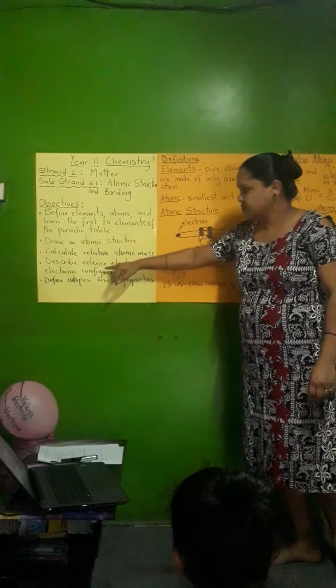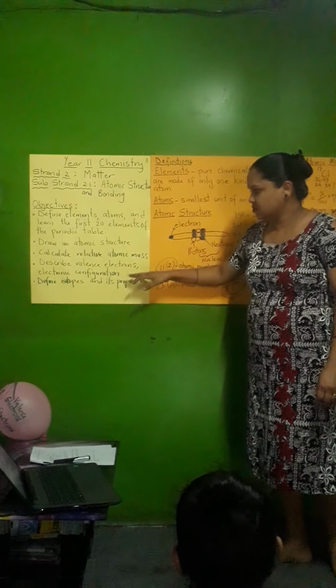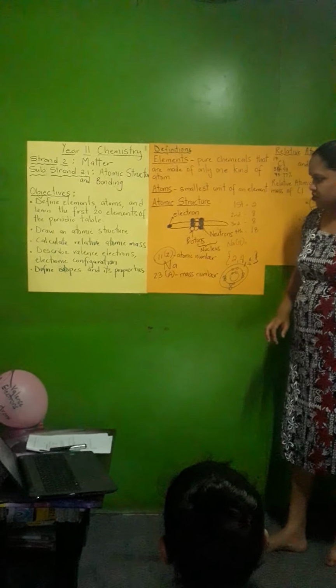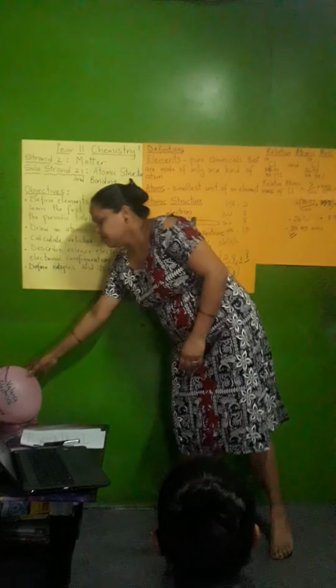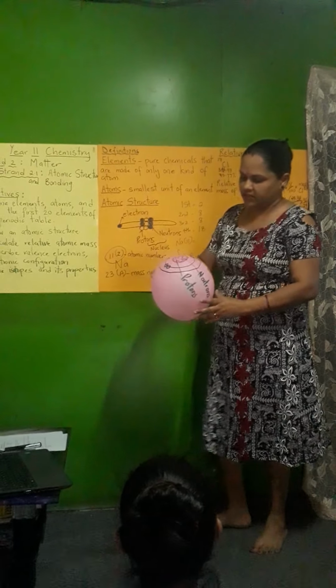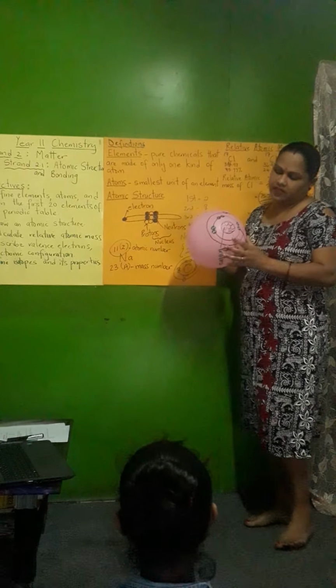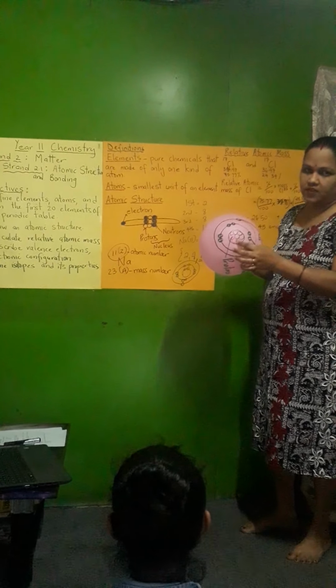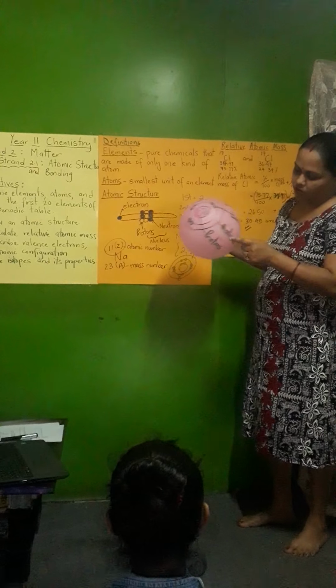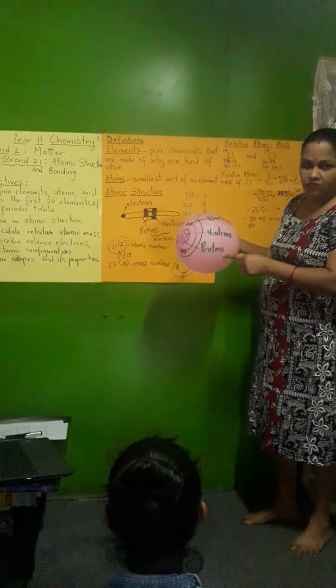Now we will go on to our fourth objective, that is describing valence electrons and writing electronic configurations. So I will elaborate on that using this model that I have made for you. In the middle you can see the nucleus, and the nucleus is composed of neutrons and protons.